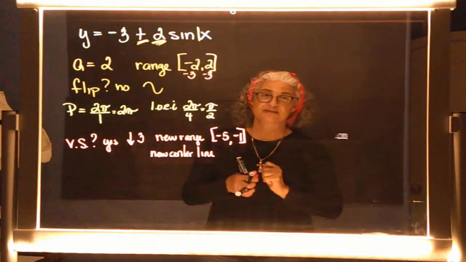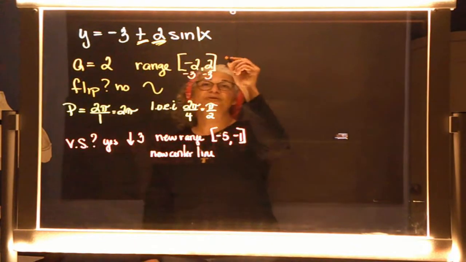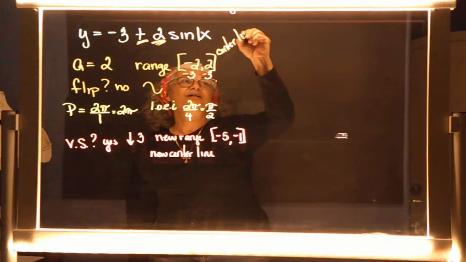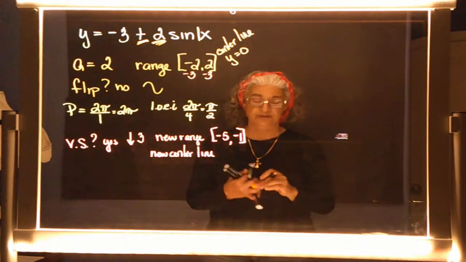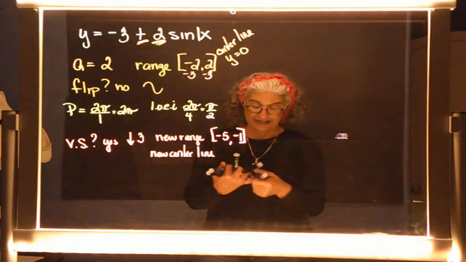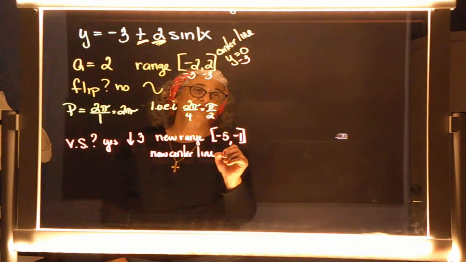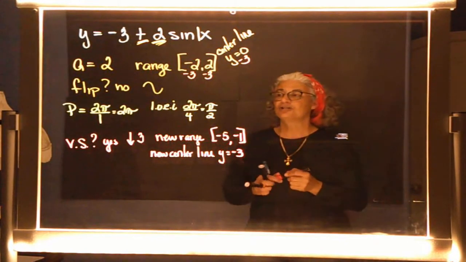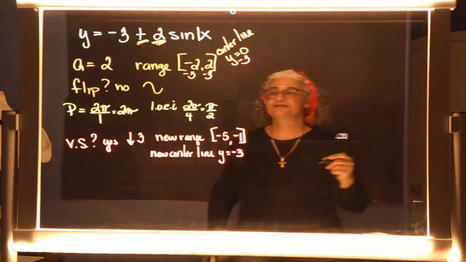What was the old center line? Yeah, the x-axis, which is also known as y = 0. But if that goes down 3, then your new center line is, good, y = -3. Cool?